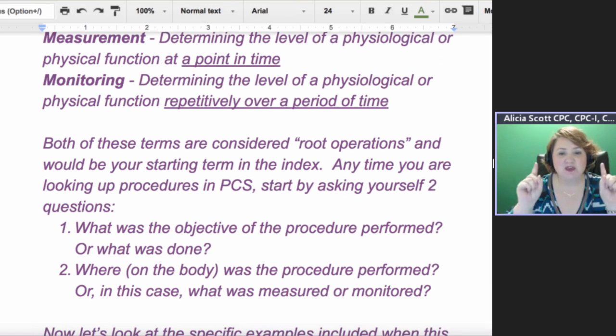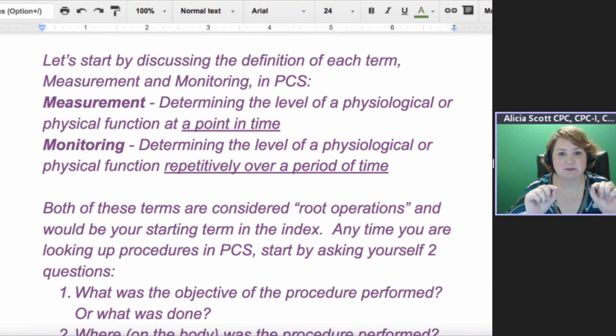When you think of how to divide up PCS, you always have to look for the key term. The key term with PCS is a little different, a little more complicated than CPT or ICD. Those are kind of real straightforward, unlike PCS. When you're looking to code something, you have to think, what am I doing?